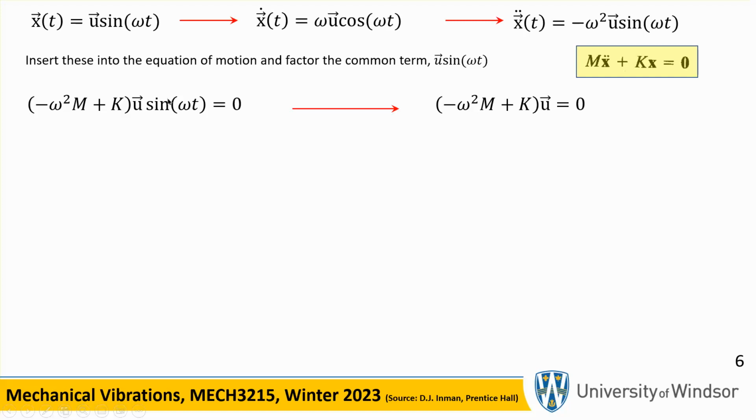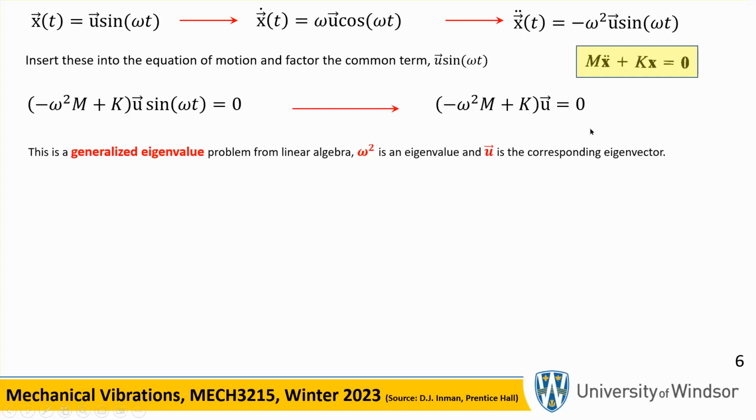First of all, sine omega t, if this is 0 for any t, I can divide through by sine omega t and say that this must be 0. Okay? So for this to be true for any t, what it requires is that the product of this matrix and that vector must be 0.